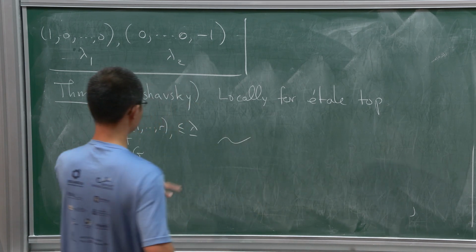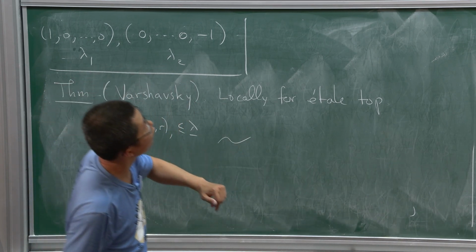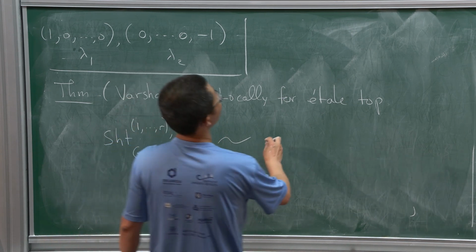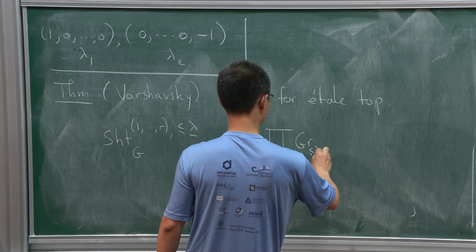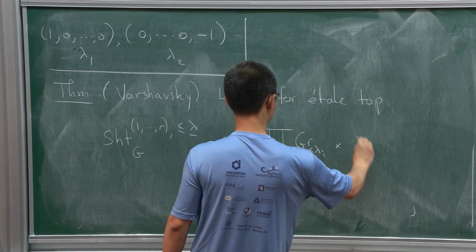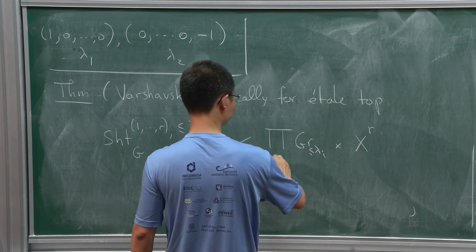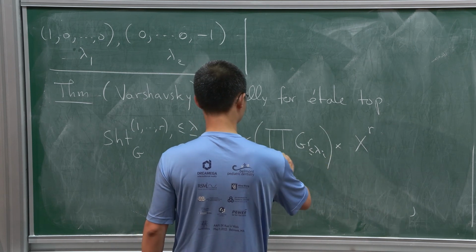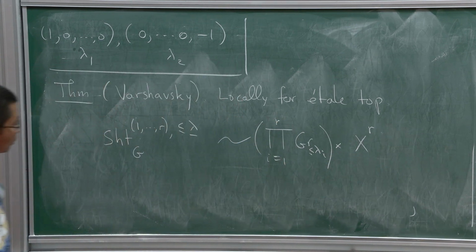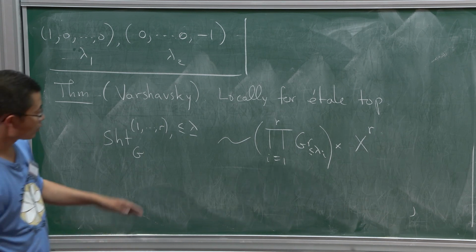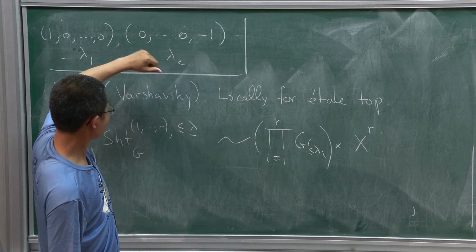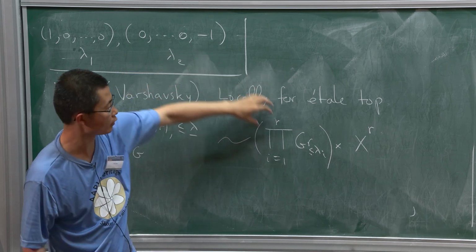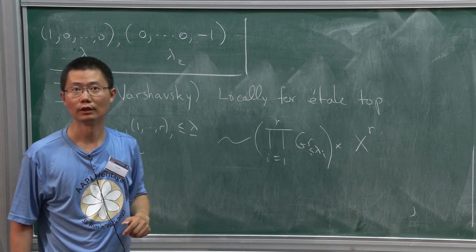Again, this is in the sense of local model. Namely, there's some stack that maps to both, and both maps are étale.